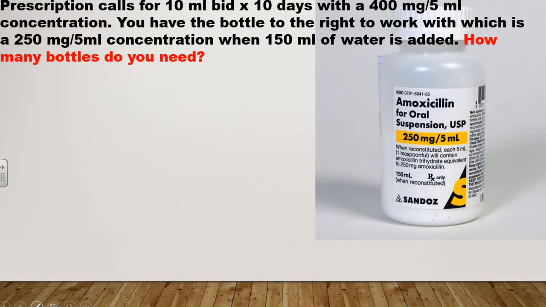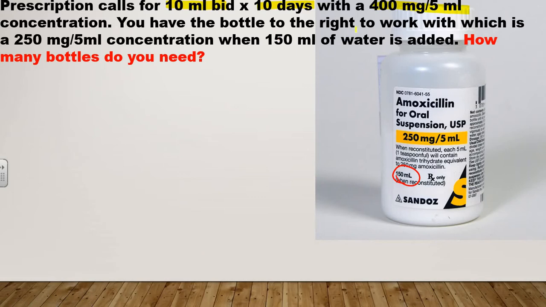Okay, here is basically the problem from this morning, although I pulled a label up and instead of being 100 milliliters, it's 150 because that's all I can find. So here's the storyline I'll help you with. I think this is pretty close to what you were asking. The prescription calls for 10 milliliters twice a day for 10 days with a concentration of 400 milligrams to 5 milliliters.